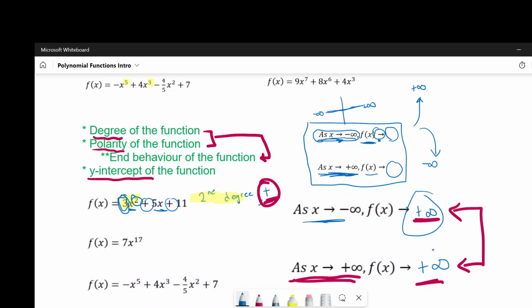That one's pretty easy to remember because you've graphed a lot of parabolas in your day, and a parabola is a second degree polynomial. And we know that both sides either go up or both go down. They don't disagree with each other. So when you have an even degree polynomial, the two end behavior statements are the same direction, up or down.